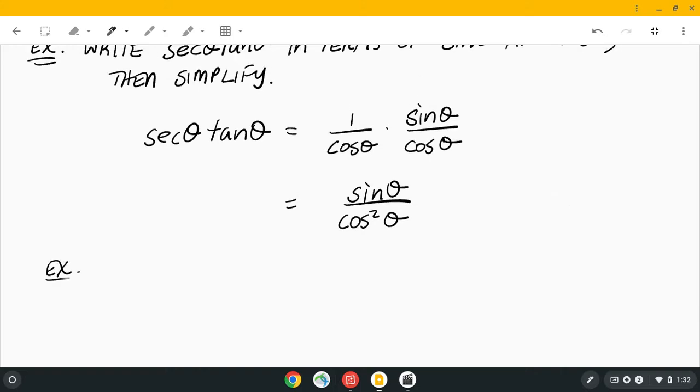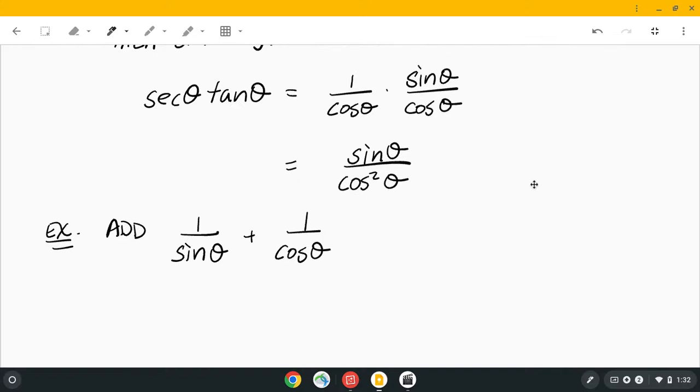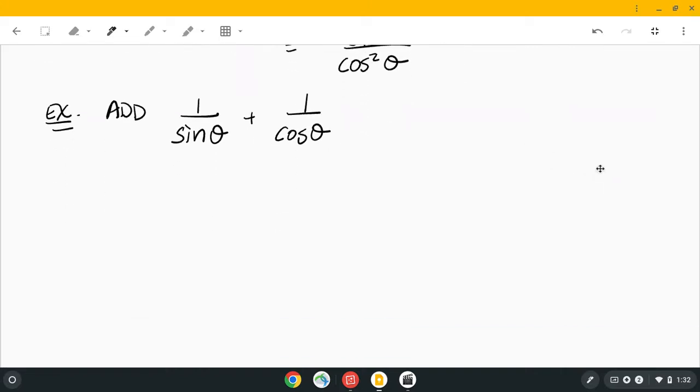All right. And let's take a look at adding and multiplying. So suppose that I have this here, 1 over sine theta plus 1 over cosine theta. Okay?